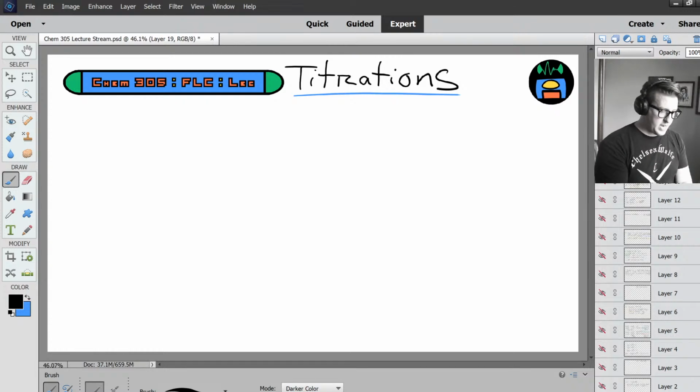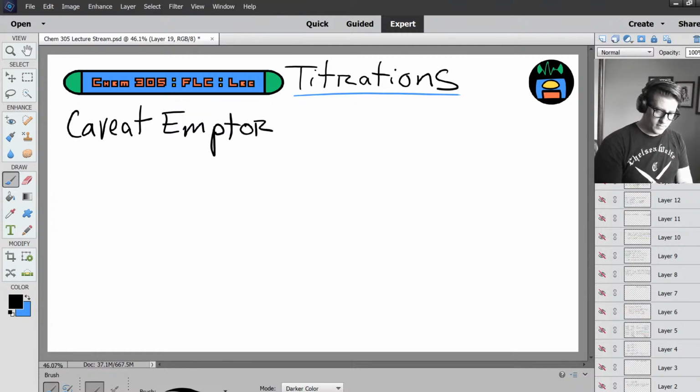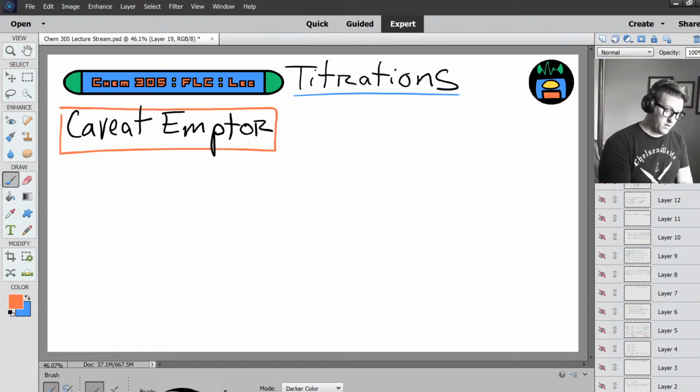I want to issue a caveat emptor, which is Latin for buyers beware. There is a very common mistake with titration experiments that I see all the time.